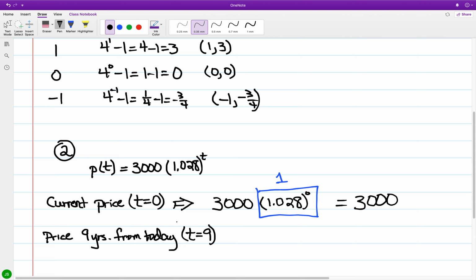Now for the price 9 years from today, for the future value, we're looking at 3,000 times 1.028 raised to the t power, whereupon t is equal to 9.